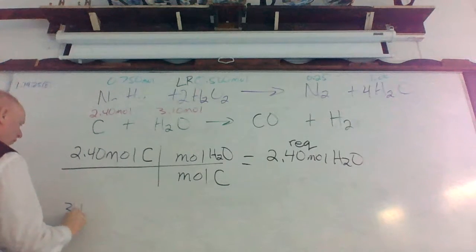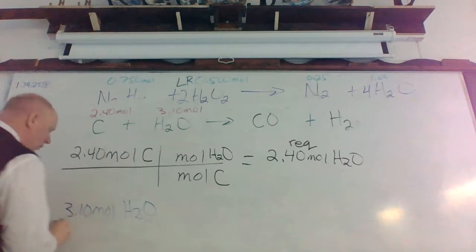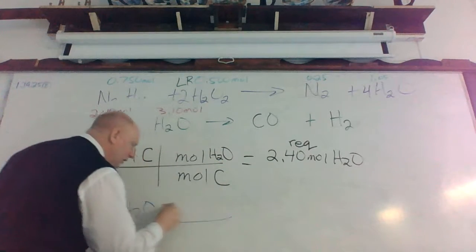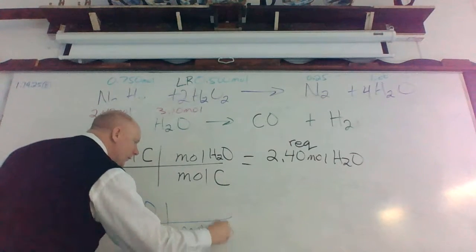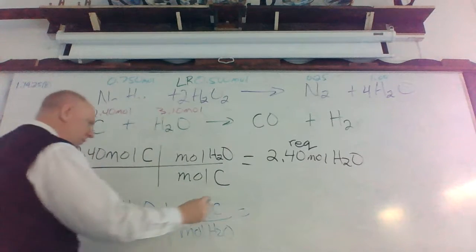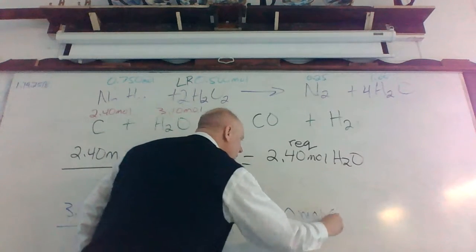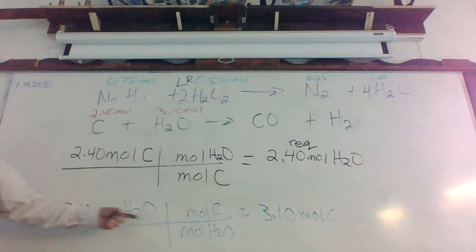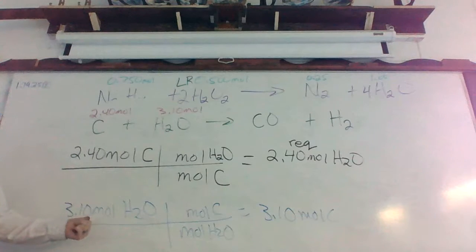So 3.10 mole of water. We cancel that out by saying for every mole of water, we get a mole of carbon. So 3.10 times 1 divided by 1, we just get the same answer.